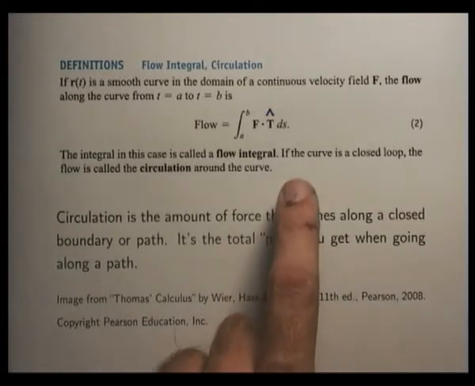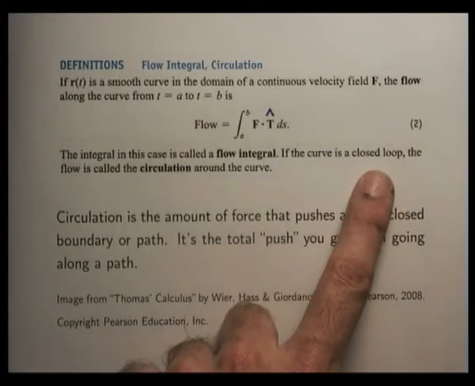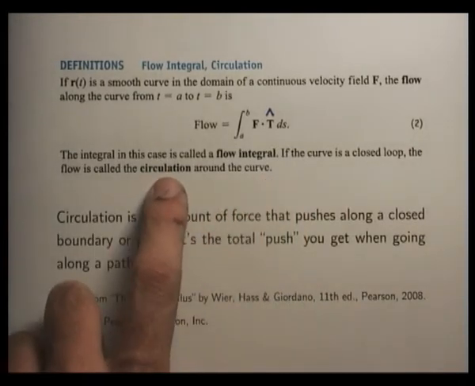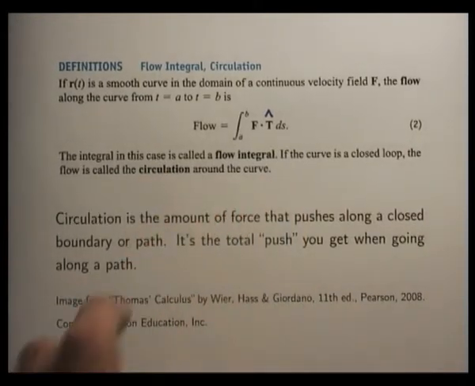Now, if the curve is a closed loop like a circle or an ellipse, the flow is called the circulation around the curve. In very simple terms, the circulation is the amount of force that pushes around the curve, the total push you get from the vector field when going along a path.